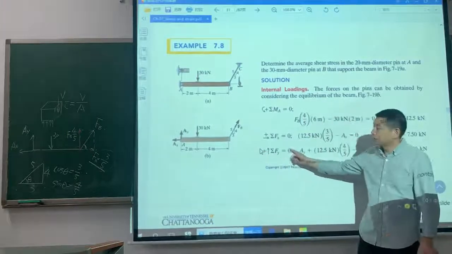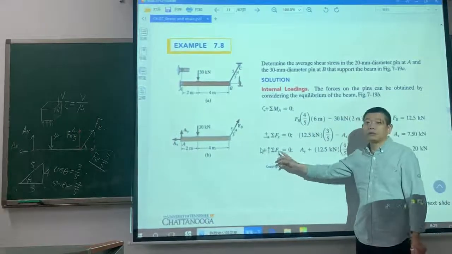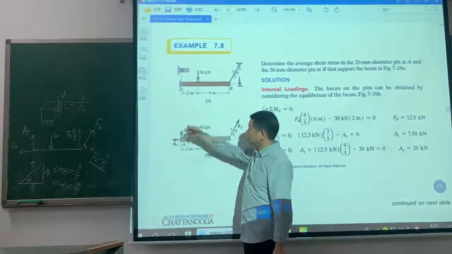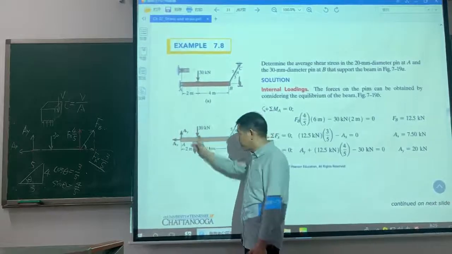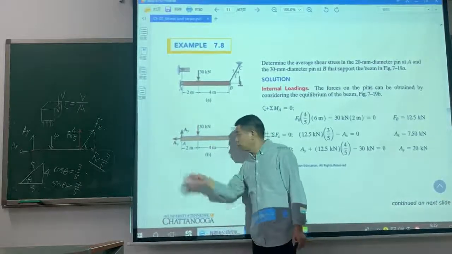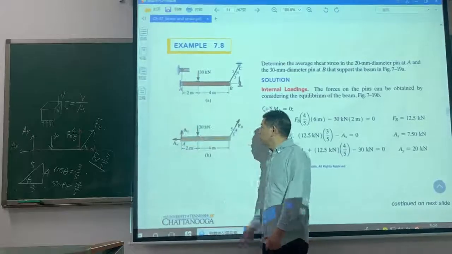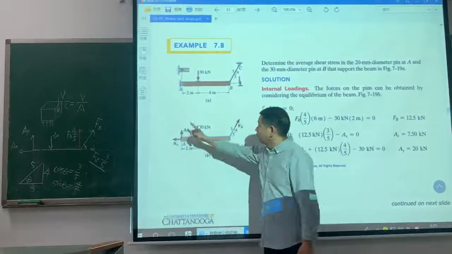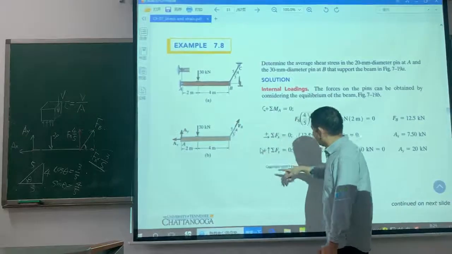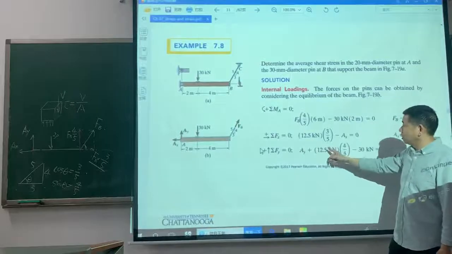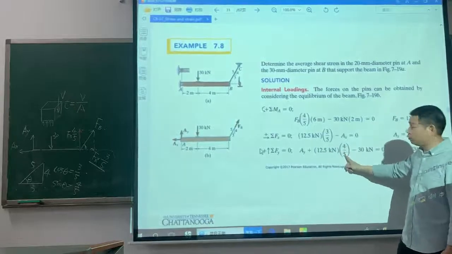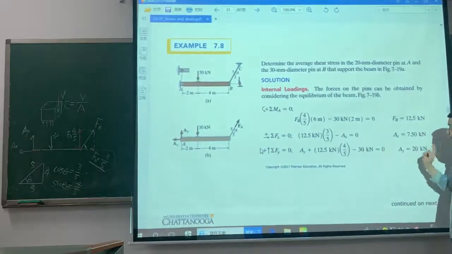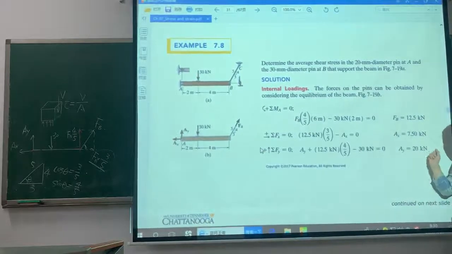Then the last balance equation is sigma Fy equals 0. Is AY positive or negative? Because it's pointed downward, it's upward. This one is upward. So AY plus FB times 4/5 minus 30 is 0. So I can find AY is 20 kilonewton.